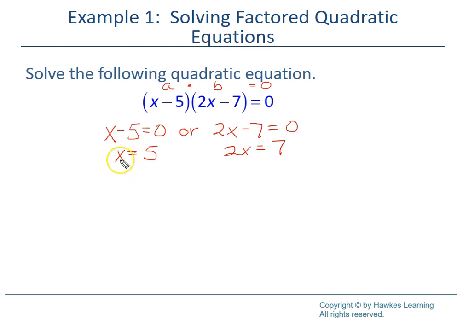Here we have to divide by 2, and we have x equals 7/2. So this was already in factored form, equal to 0. So we take each of our factors, equal it to 0, and there is our solution.